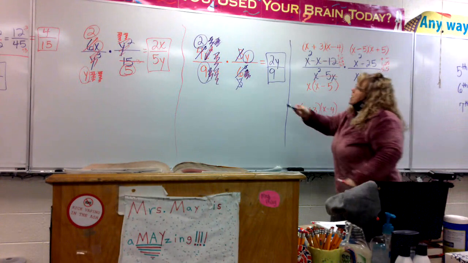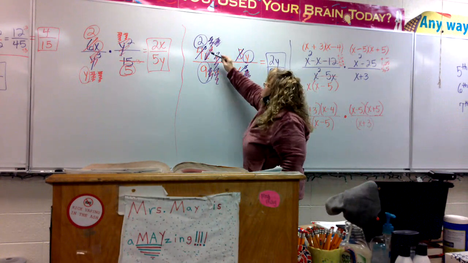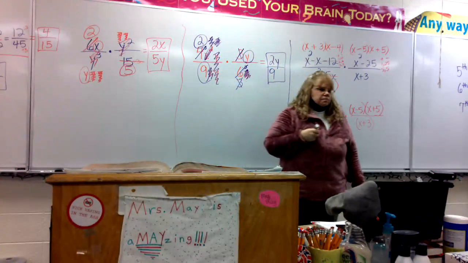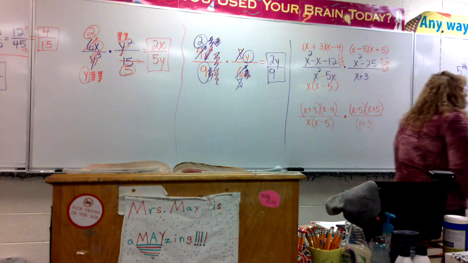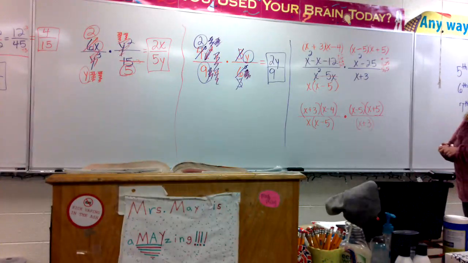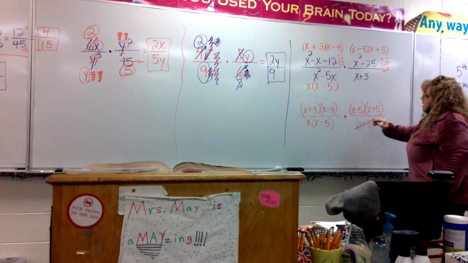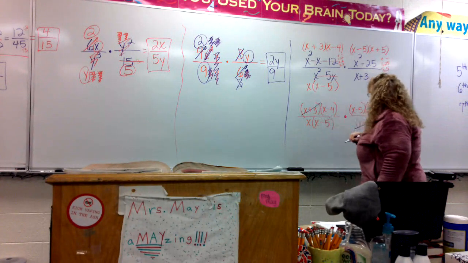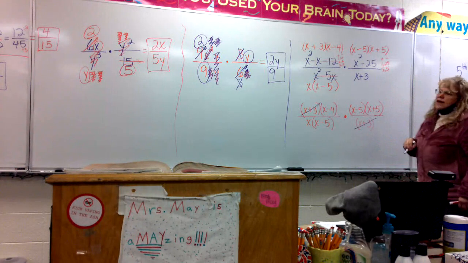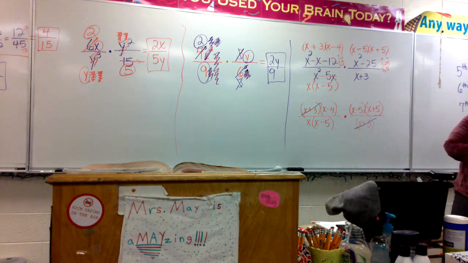So now, remember how we canceled a y with a y, an x with an x? Top and bottom? You can cancel top and bottom as long as they're the same. One on top, one on bottom. So you see this x plus 3? That goes with another x plus 3. What else can cancel?